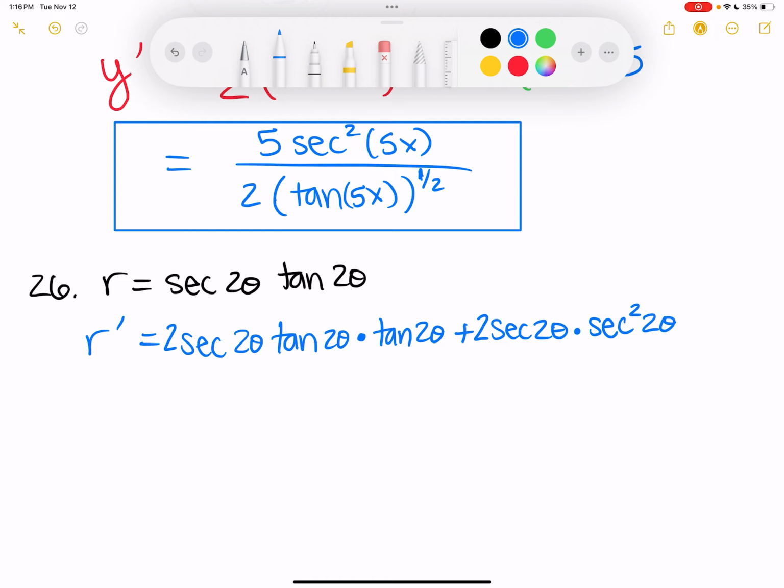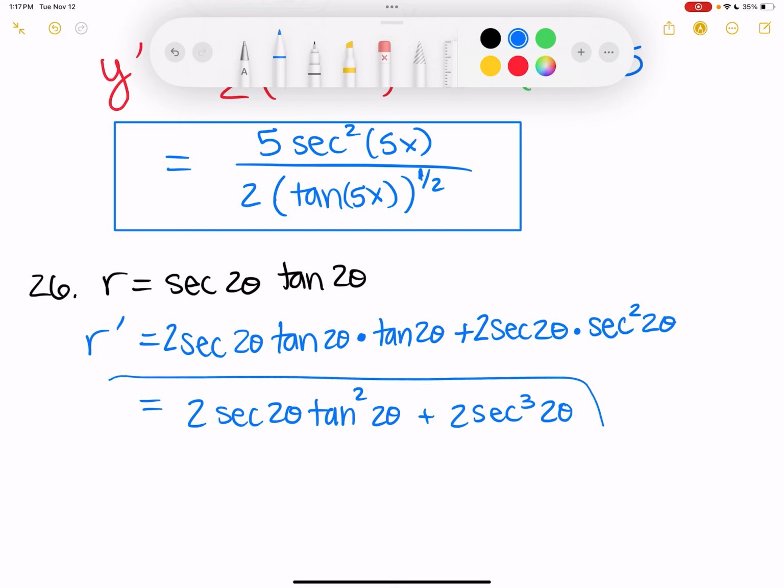So this is going to be 2 secant of 2 theta tangent squared of 2 theta plus 2 secant cubed of 2 theta. And as far as I'm concerned, you could leave it there. If you really wanted to factor out a 2 secant of 2 theta, you could if you were so inclined, but I think that's reasonable there.